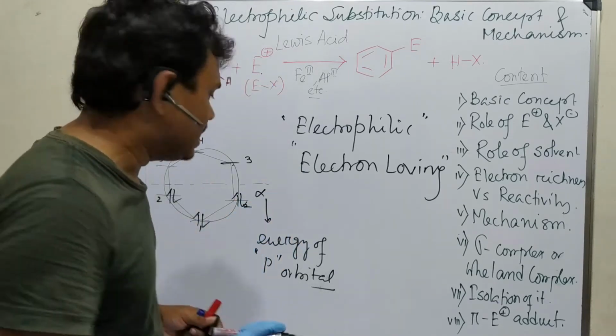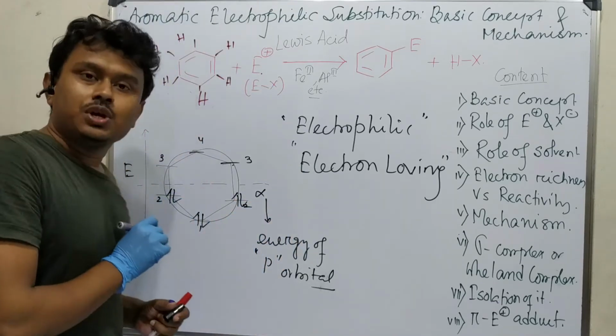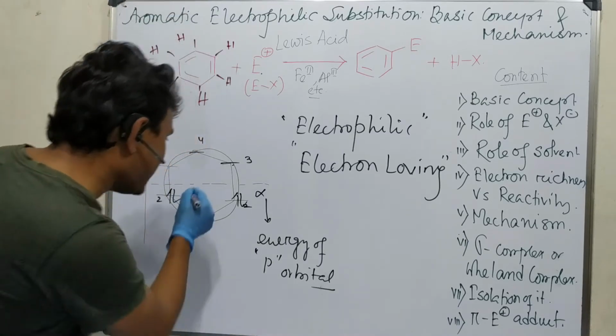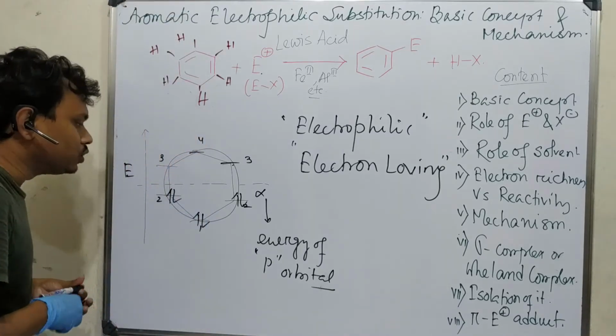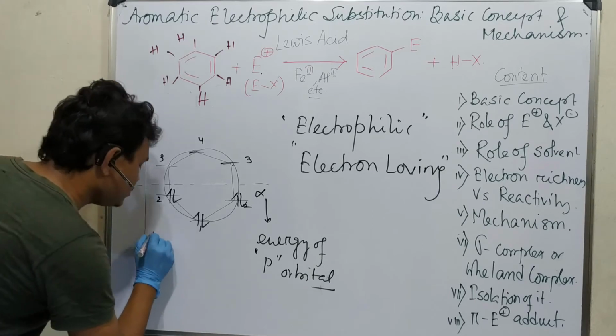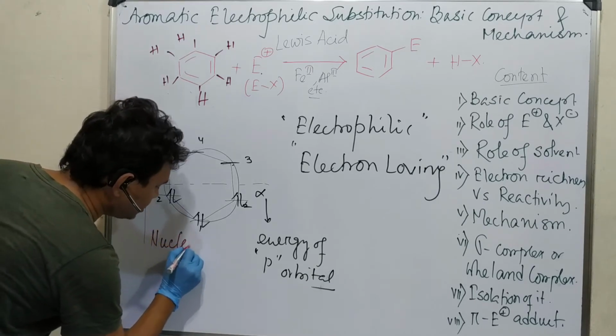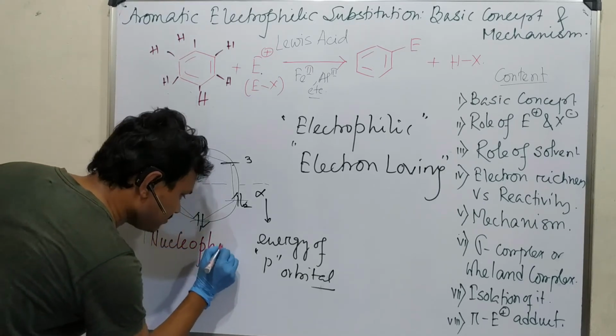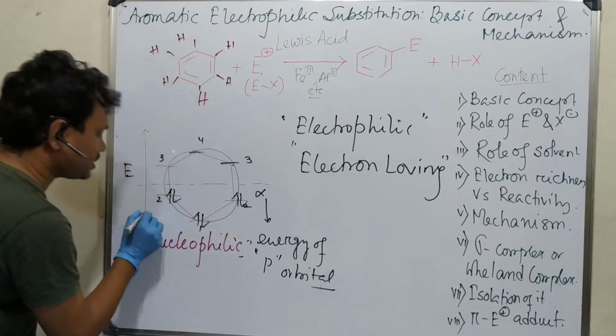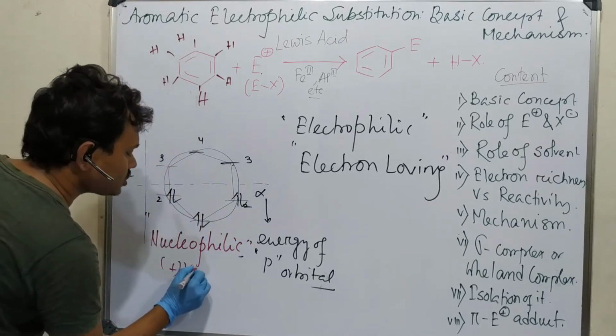Benzene is electron rich, so it will not like electrons. Benzene is actually nucleophilic. Benzene is nucleophilic, meaning nucleus loving, meaning it loves positive charge.